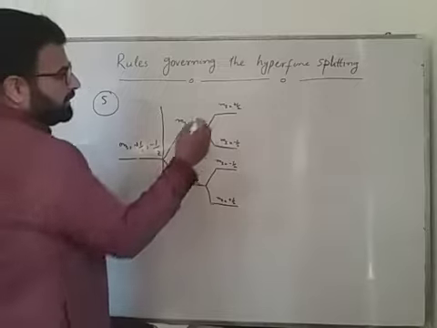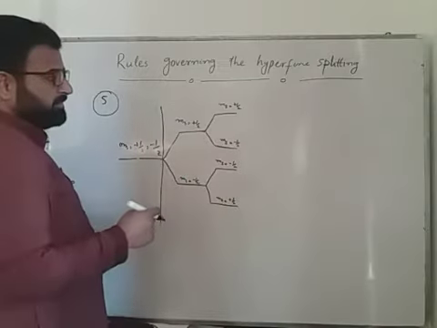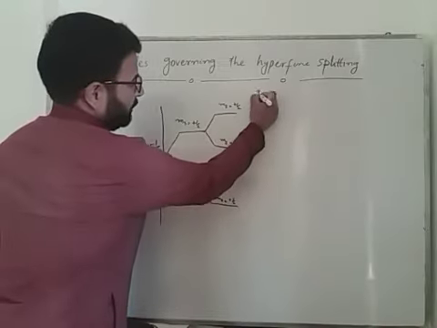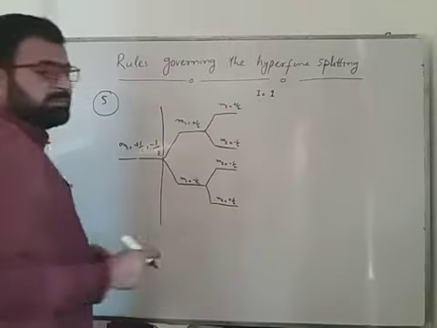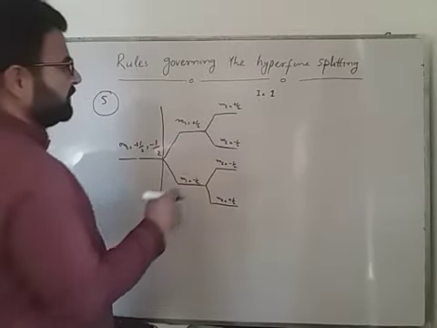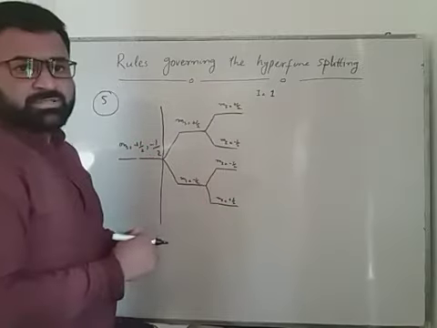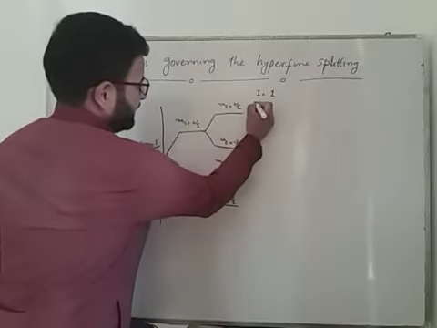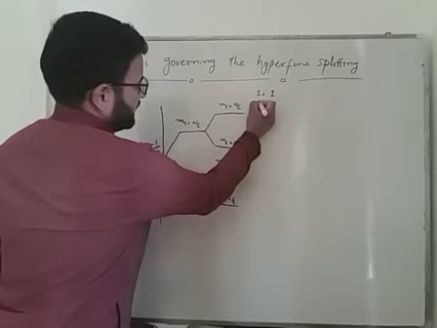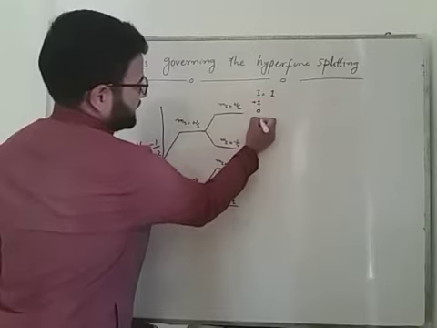Now if one more nucleus is present which has I of 1, like nitrogen, what will happen? Each line will split into three lines. Each line will be plus 1, 0 and minus 1.